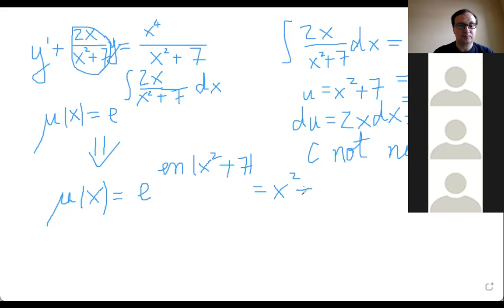Now we should multiply the equation again back by x squared plus 7, and we're back to the original equation, which I did not write on this slide. So multiply this equation by x squared plus 7.